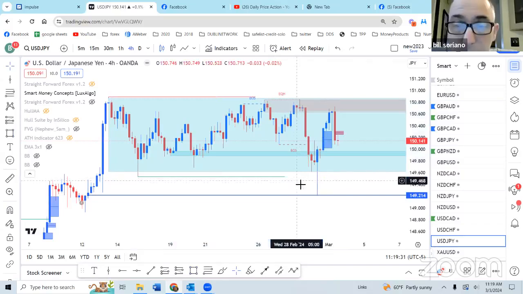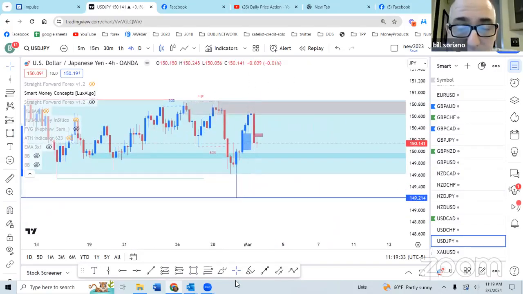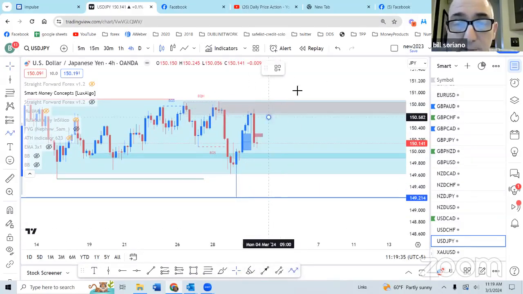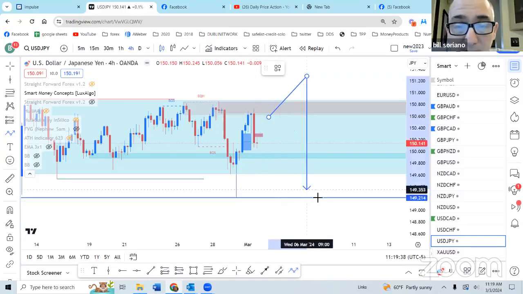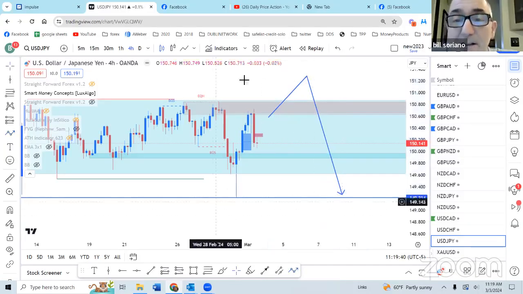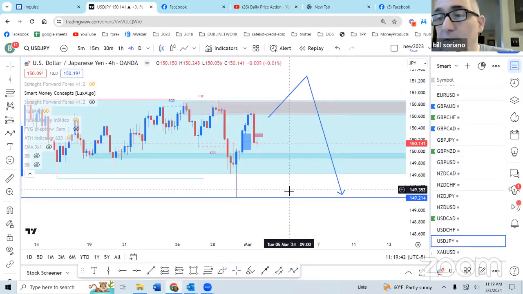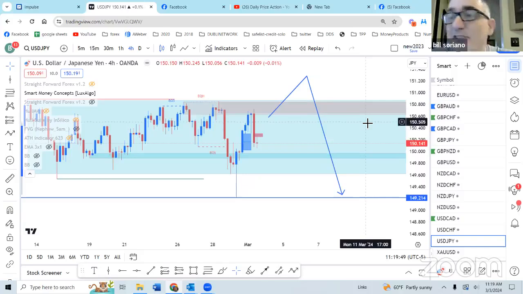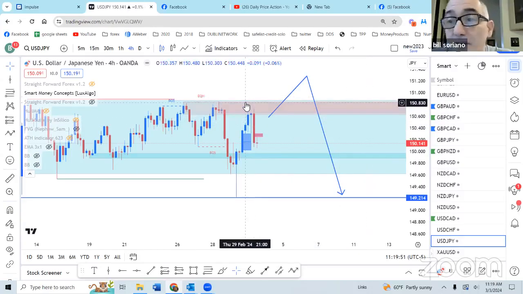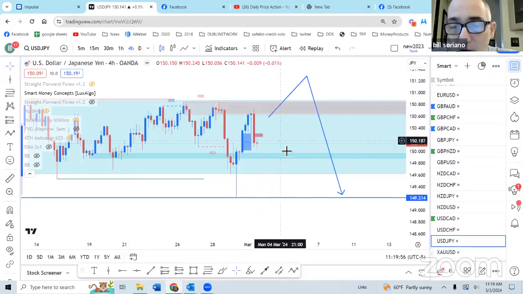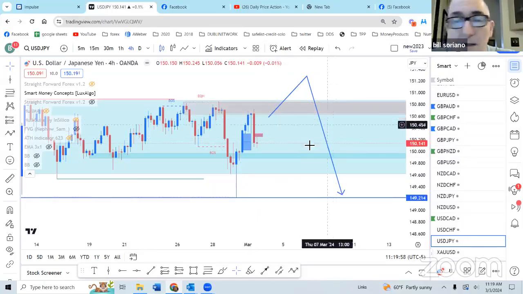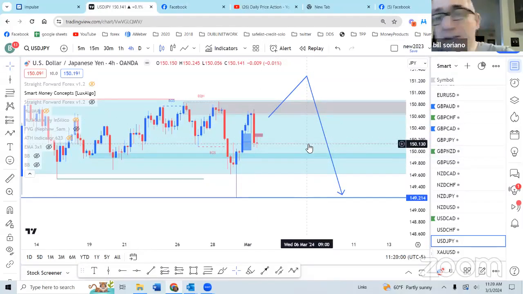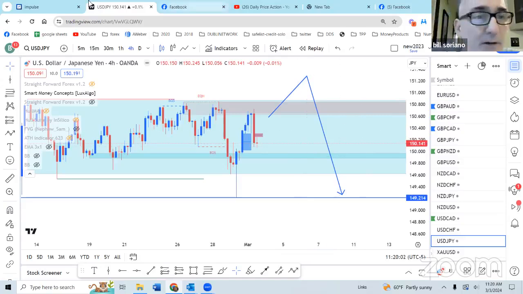We need it to break either to the upside or the downside so that we can decide which way it's going to go. We stay away from trades when it's ranging like this, unless you're an experienced trader who is happy shorting at the top and going long at the bottom. We kind of stay away from that, and we teach our students to stay away from that as well.